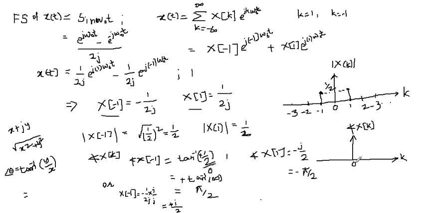It represents 0. Then k is equal to 1, 2 and so on, minus 1, minus 2 and so on. So for k is equal to 1, the angle is minus pi by 2.